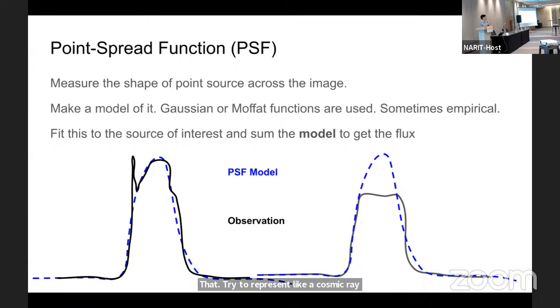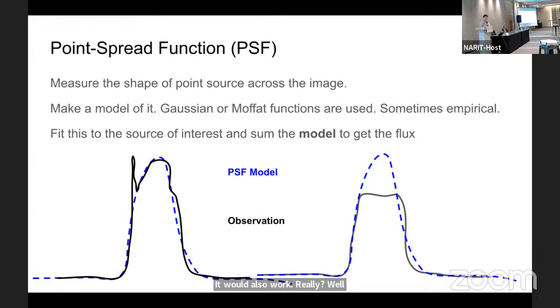Because your model is smooth, it will not include that feature in your measurement. And on the right here is how PSF photometry can deal with saturation. It fits to the wings of your observation, and then just ignores the top. This also works really well.